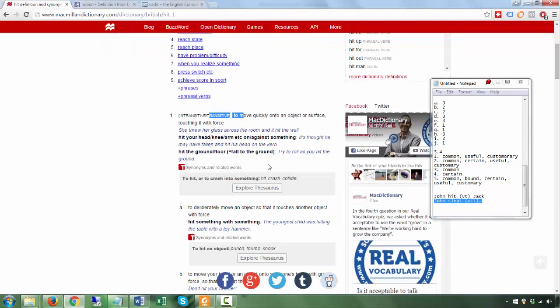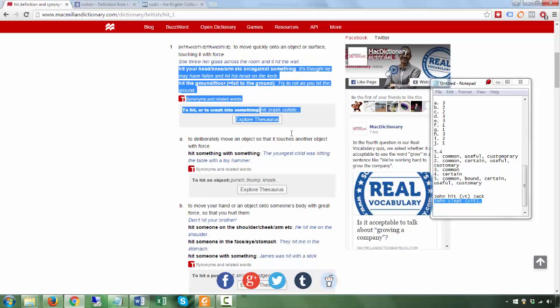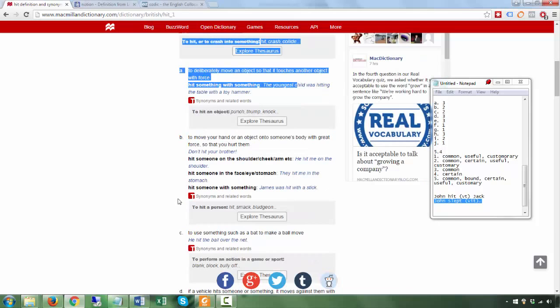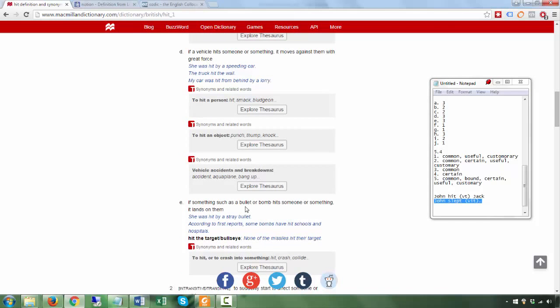Okay, I'm not sure how it's used in an intransitive way, because all the uses here are so far transitive. You hit something, all right? So I'm not really sure how it's used in an intransitive way. Let me try to look at this a bit more.